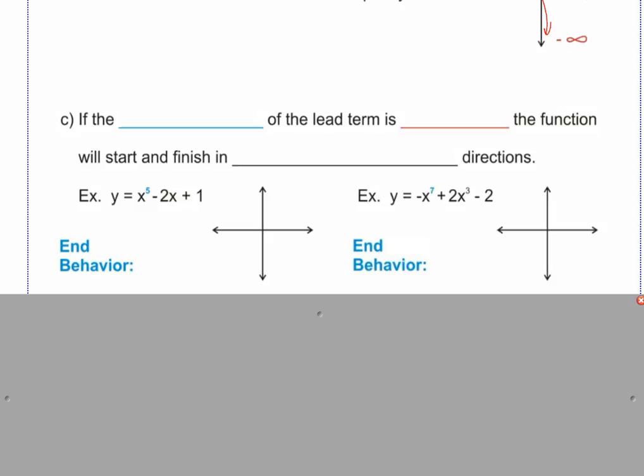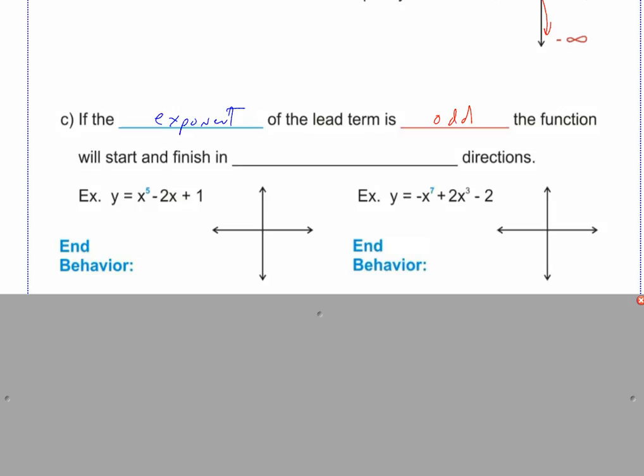All right, if the exponent of the lead term is odd, 1, 3, 5, 7, 9, 11, 13, 15, 17, right? Odd.